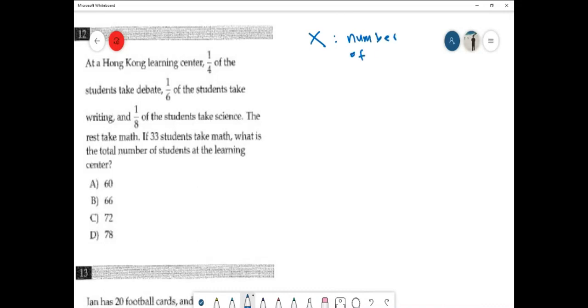Okay. So 1/4 is taking the debate. Let's say there are X number of students in the center. 1/4 of the students take debate.